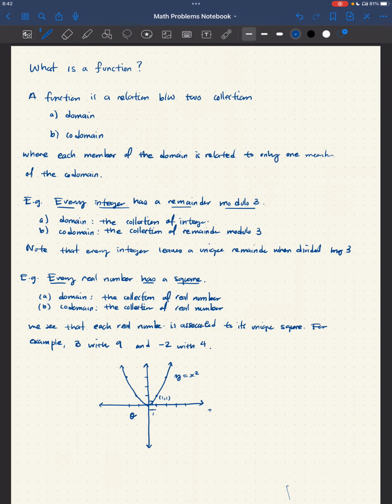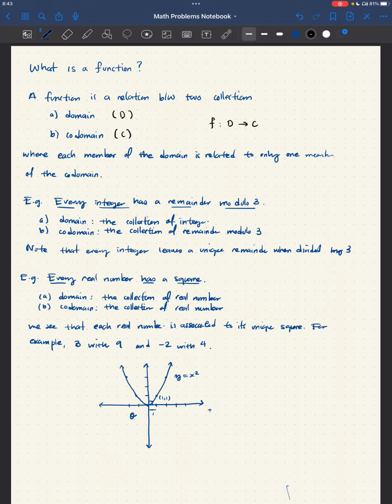But this is not a very common way of seeing functions. Instead, we'll introduce the following notation, which I think would be fairly useful for us. Whenever we have a function, we will give it a name. Since this is just being generic, we would say a function f going from D to C, where D is the domain and C is the codomain.